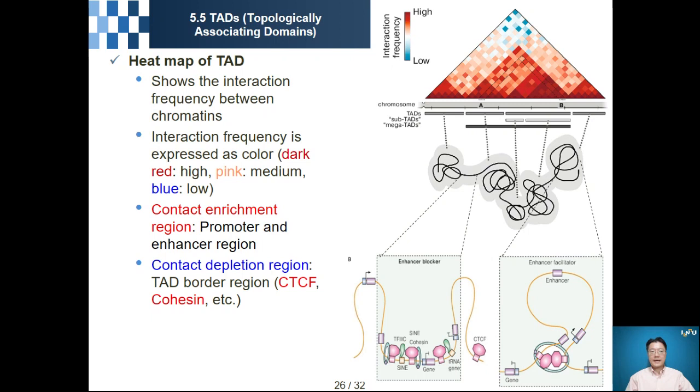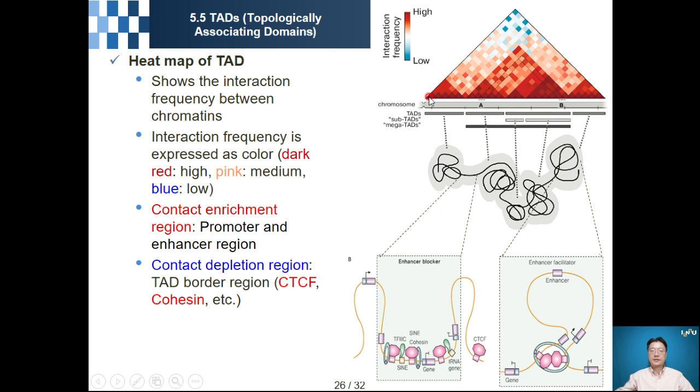In this slide, I will explain the heat map of TAD. This is a heat map of TAD. The heat map of TAD shows the interaction frequency between the chromatin. Interaction frequency is expressed as a color. Dark red means that interaction between this chromatin and this chromatin is high.